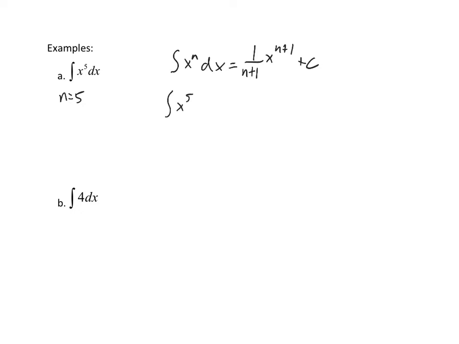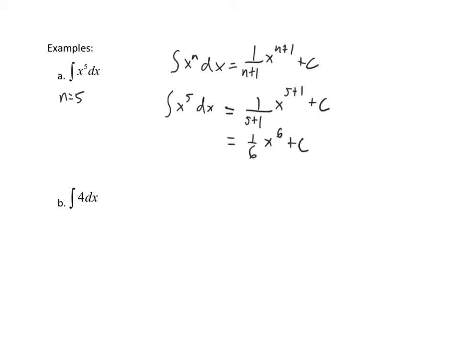So x to the fifth dx in this case would be 1 over 5 plus 1, x to the 5 plus 1, plus c. We get 1/6 x to the 6 plus c.